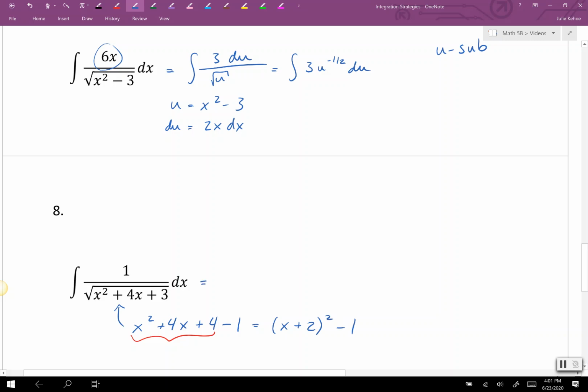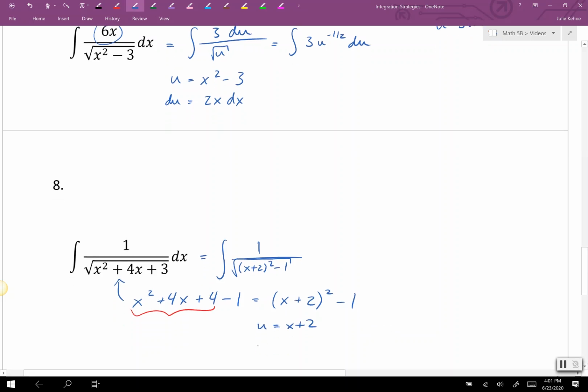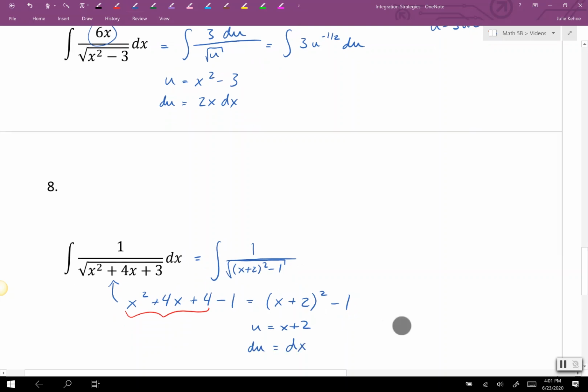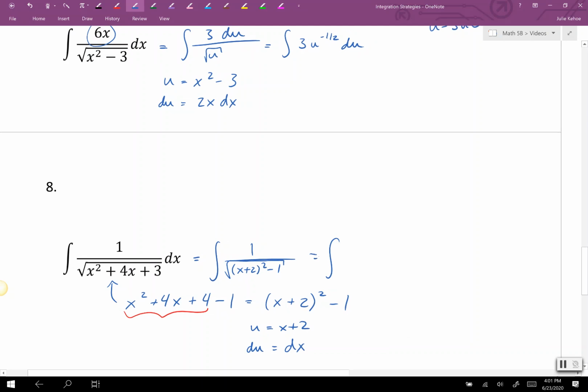So if I come back to the integral, now I have 1 over the square root of x plus 2 squared minus 1. And now it looks like a u substitution might work. If I let u equal x plus 2, du will equal dx. And I get the integral du over the square root of u squared minus 1.